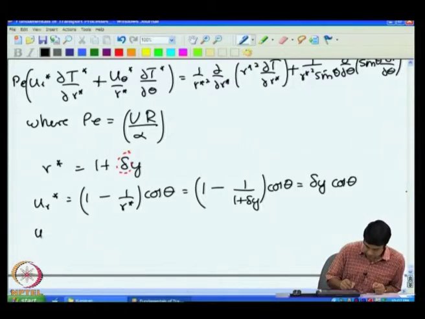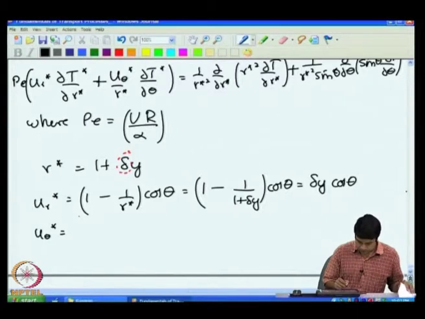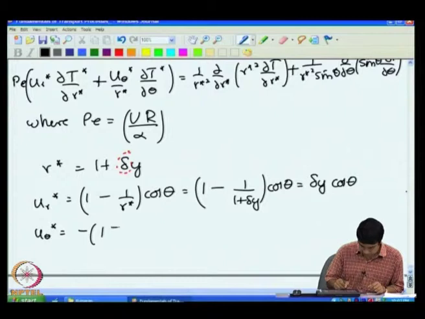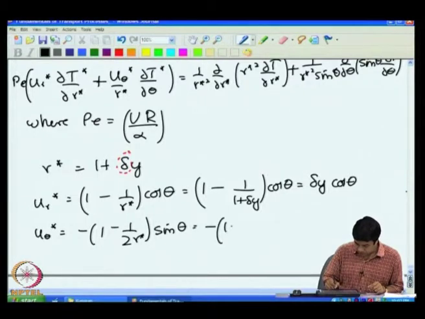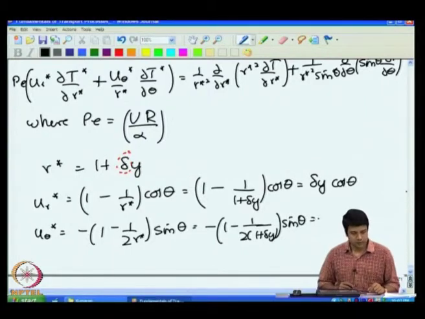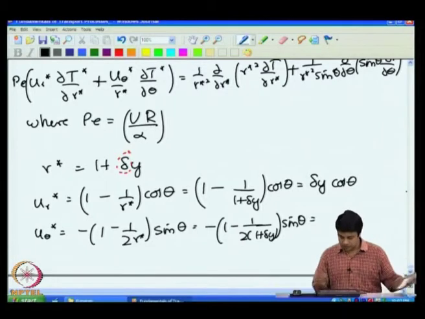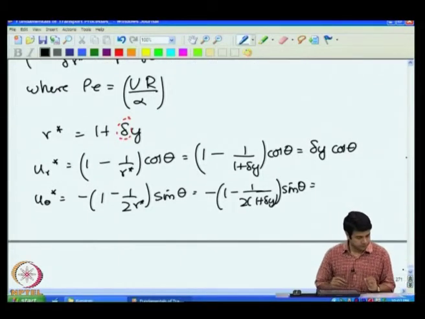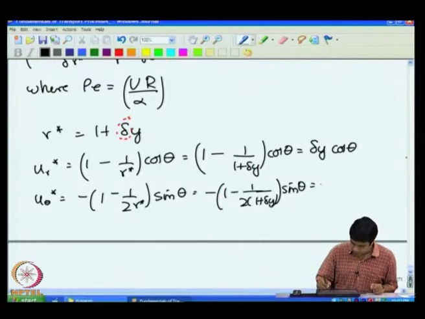u_theta is equal to minus of (1 minus 1 by 2r) sin theta, which is equal to minus of (1 minus 1 by 2(1 plus delta y)) sin theta. So, this is actually just equal to minus half sin theta.